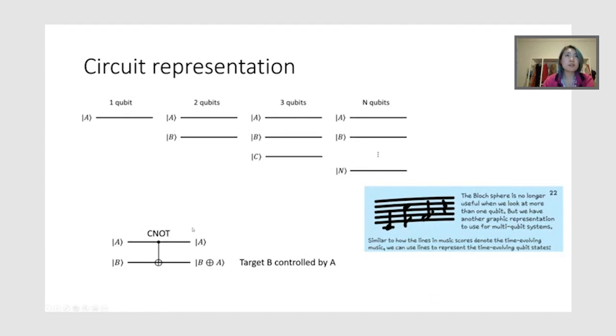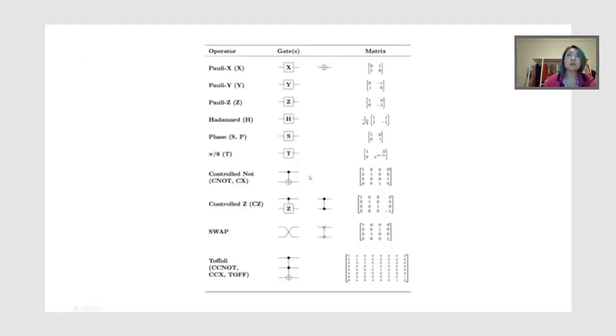That's it. This is a circuit representation, very straightforward, and especially for the single-qubit gates, you can just write it down like a box with the label, with the letter.